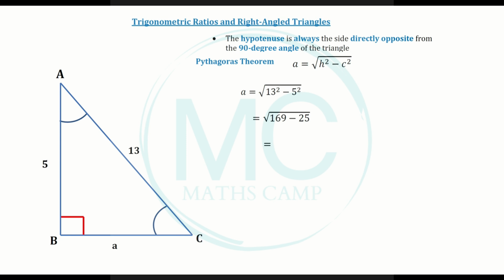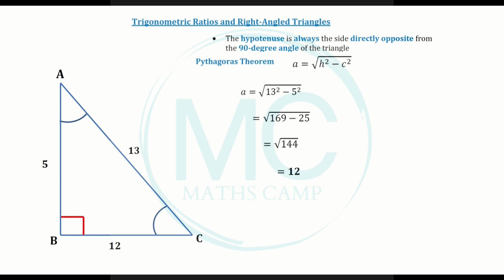Now we can say 169 minus 25, and we get an answer of 144. Let's put this under a square root. The square root of 144 is equal to 12. This is the length of side A. And we can fill this into our diagram over here.